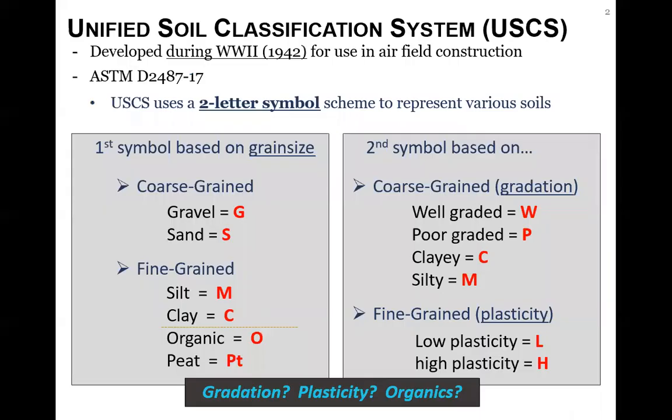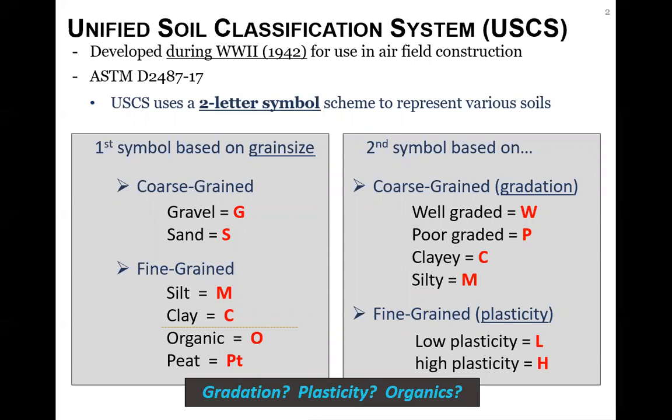So the USCS is based off of a two-letter symbol. One shows the gradation or the grain size, and two, if it is a coarse-grained soil, is a description of the gradation, so well-graded, poorly graded, clayey, or silty. Or if it is a fine-grained soil, then we look at it in terms of the level of plasticity.